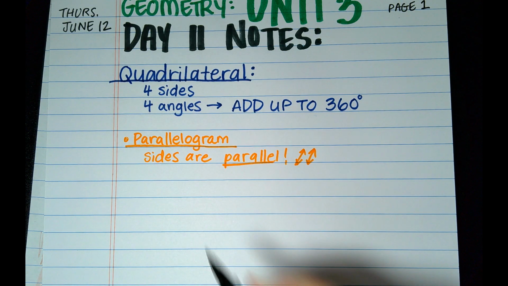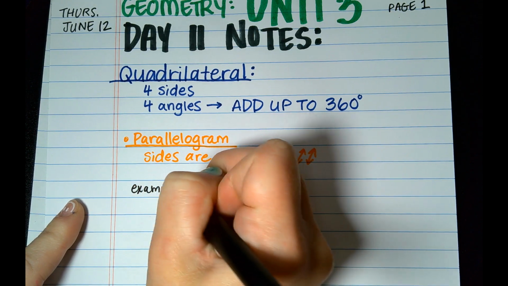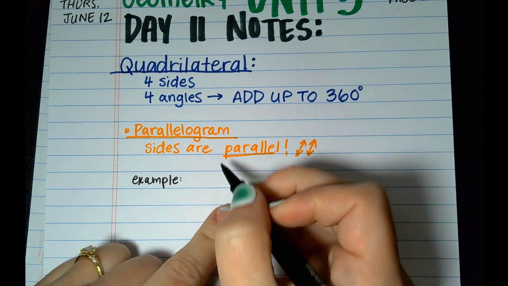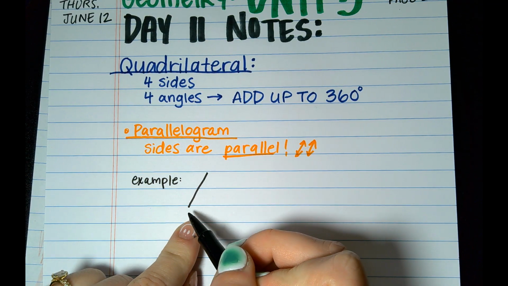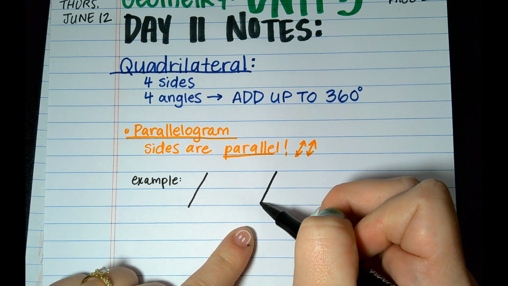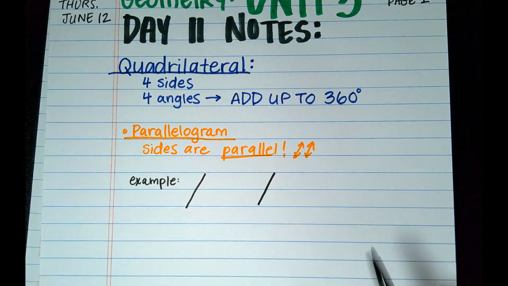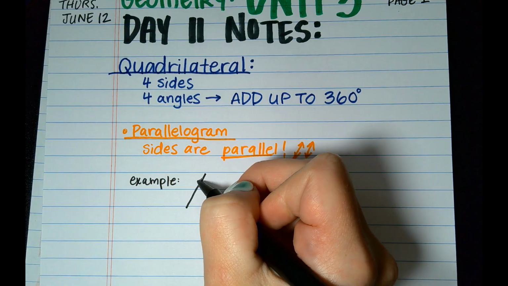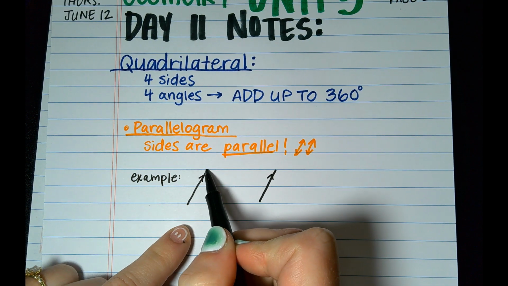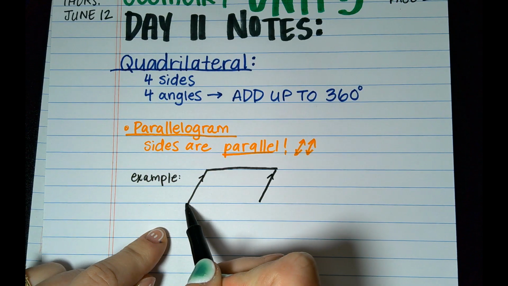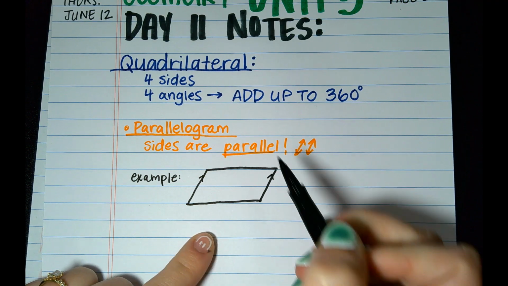For example, here is a side, here is another side. These sides are going at the same angle. We would say that they are parallel, and we might see these little arrows on them. And then you would have two other opposite sides, and these are parallel.